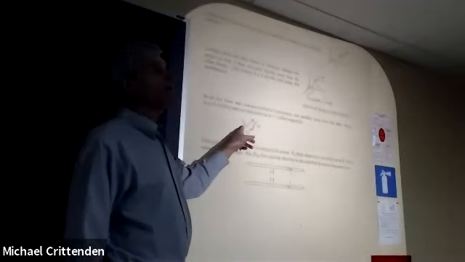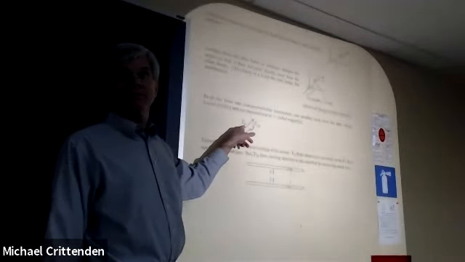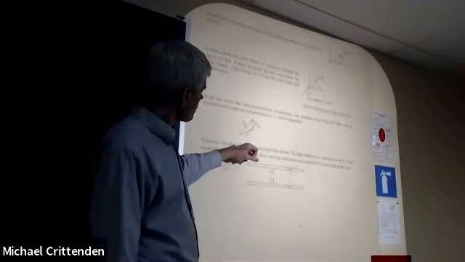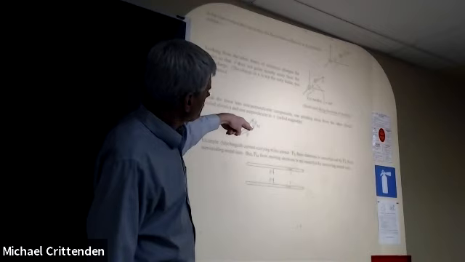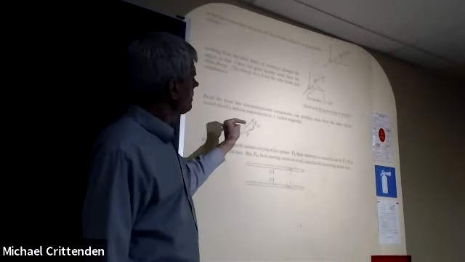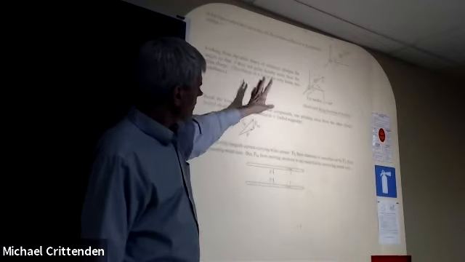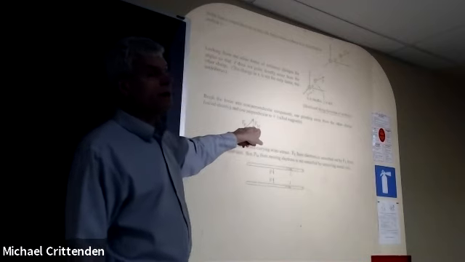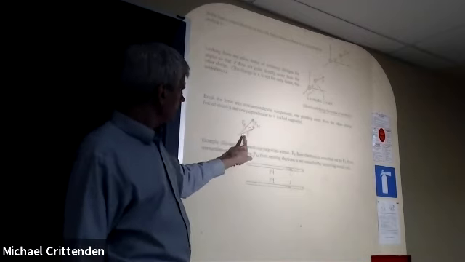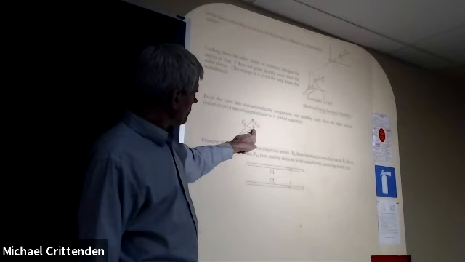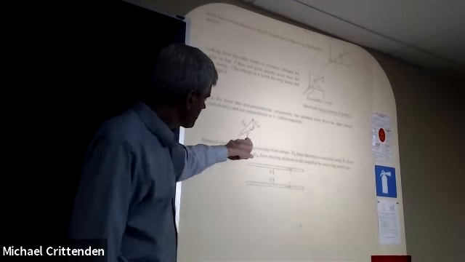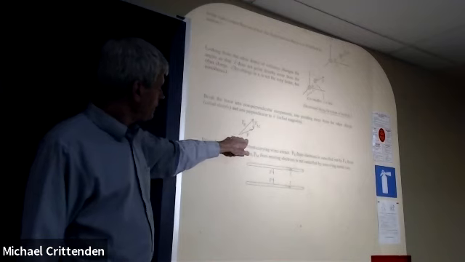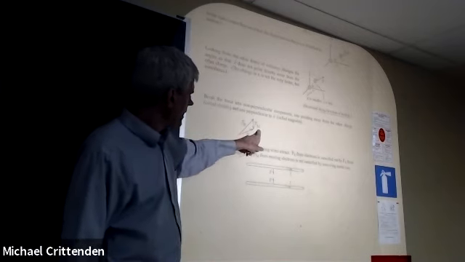And I'll call that component the electric force. And the other component would be along the direction perpendicular to the velocity v. And I'm going to call that component magnetic. Okay, so the force that the one charge exerts on the other is just plain F. And I'm saying that F is the vector sum of Fe plus Fm.